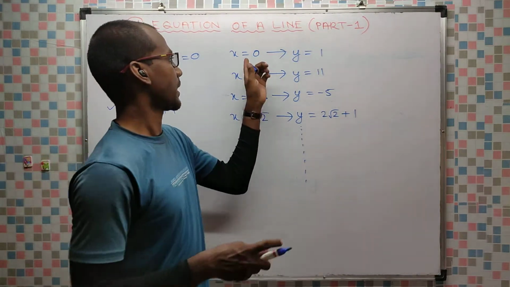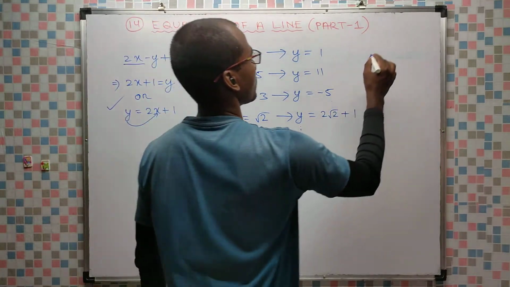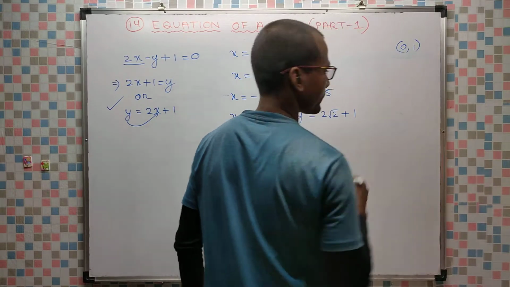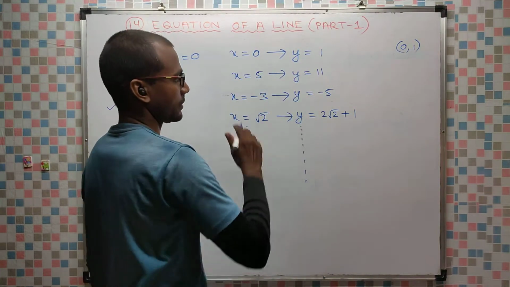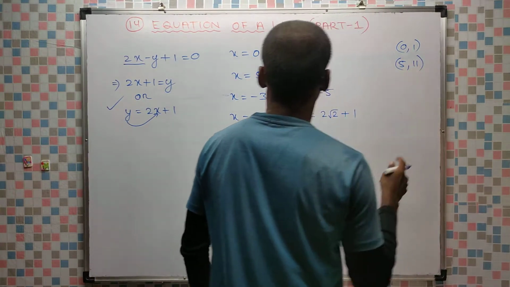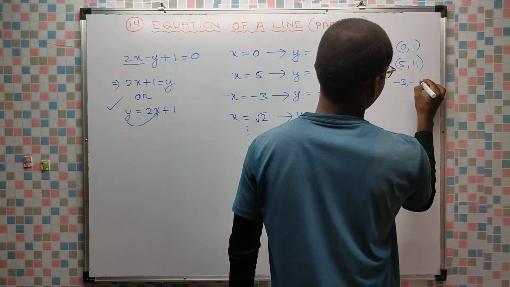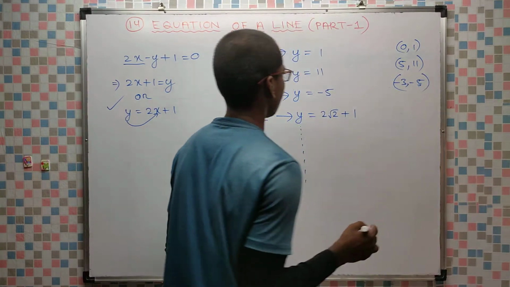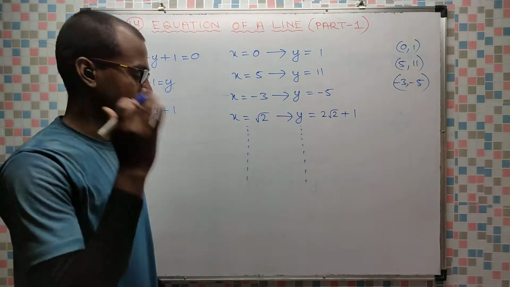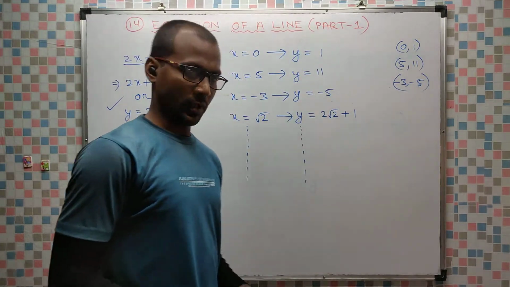Let us plot the points having x coordinate and the corresponding y coordinate. Suppose (0, 1), so we will plot (0, 1). Then (5, 11), we will plot (5, 11). Then (-3, -5), we will plot (-3, -5). (root 2, root 2 plus 1), this we cannot plot, so let us plot these 3 points only.